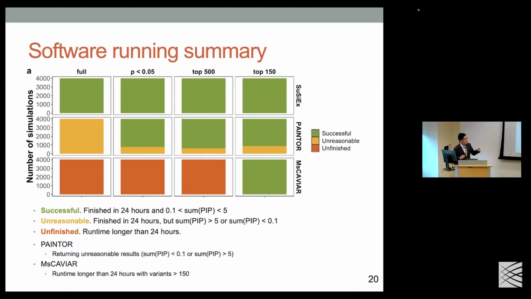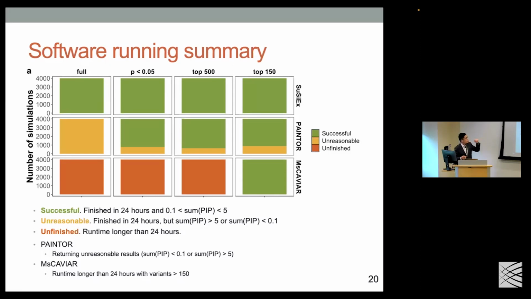We do this because some software returns unreasonable results, with every marker having 0 PIP or 1 PIP. Unfinished means the runtime is longer than 24 hours, which happens with MsCAVIAR.